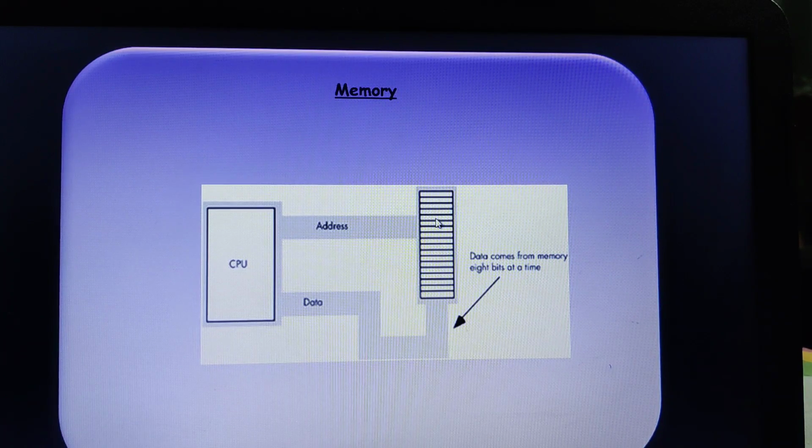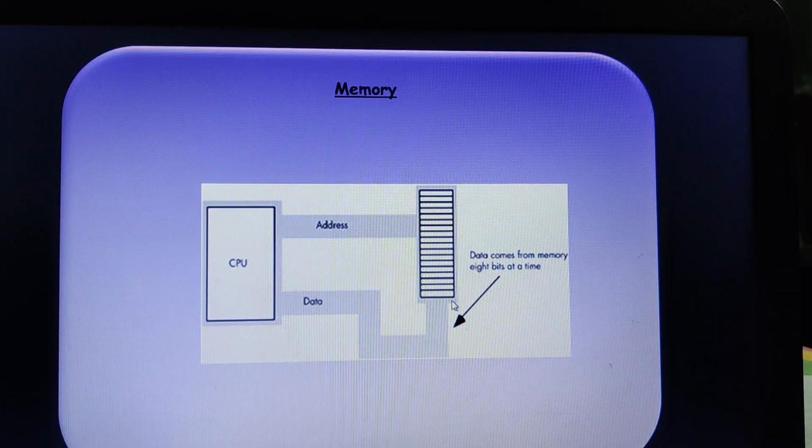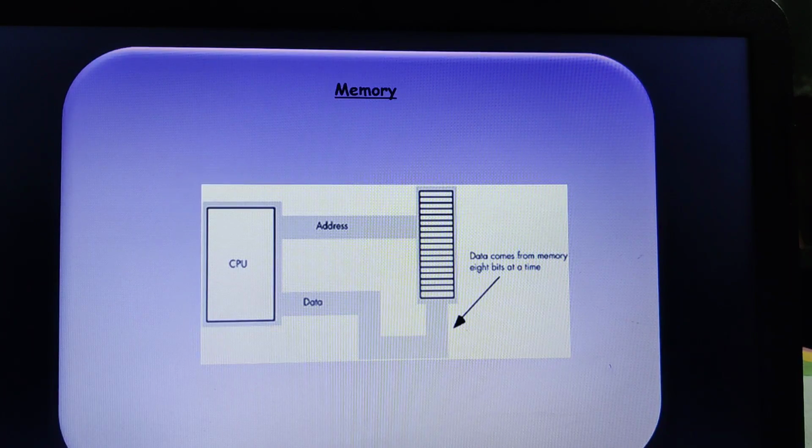So computer memory allows us to store temporary data as well as permanent data. We know that temporary data can be held in random access memory, and permanent data storage is in the secondary storage devices, isn't it? Primary memory comprises two types, that is random access memory and read-only memory, where read-only memory lets you save the data permanently.